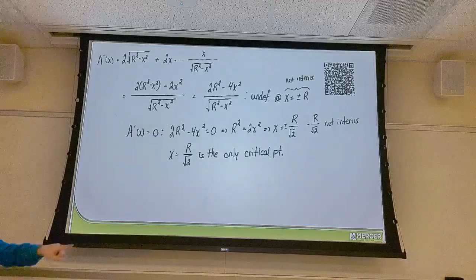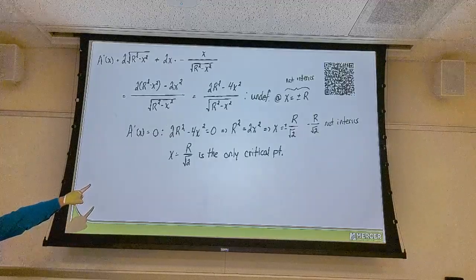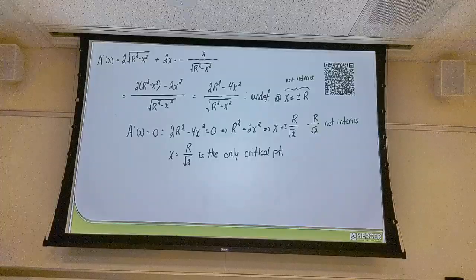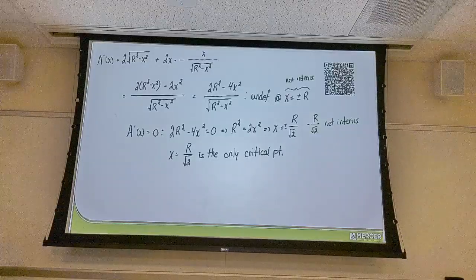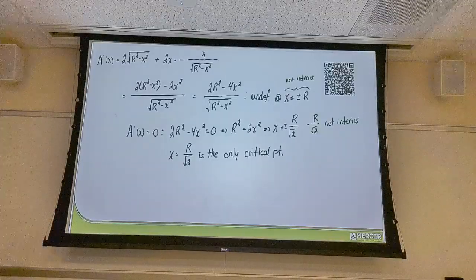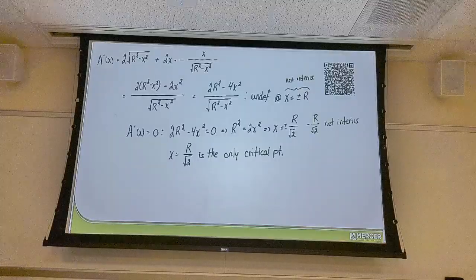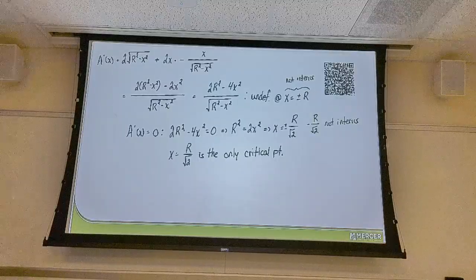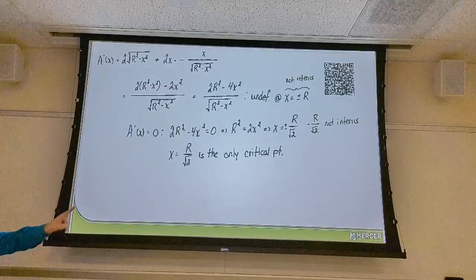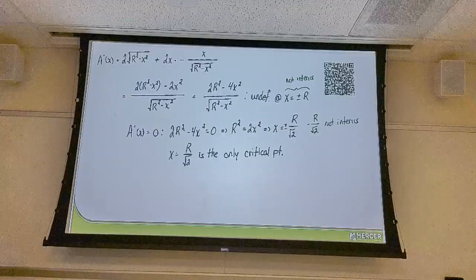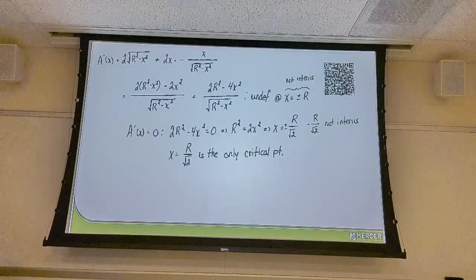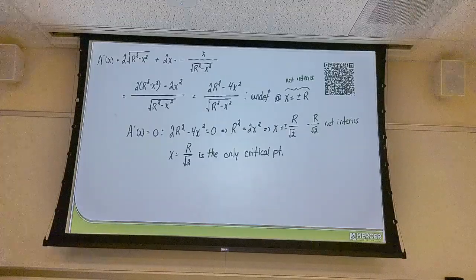Oh, that's the only critical point. The second derivative test will give me the absolute extremum for area. The only question is, does that result in a min or a max? This is where I use the second derivative test to determine.